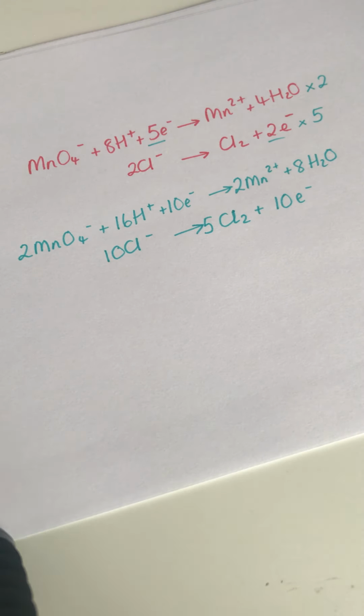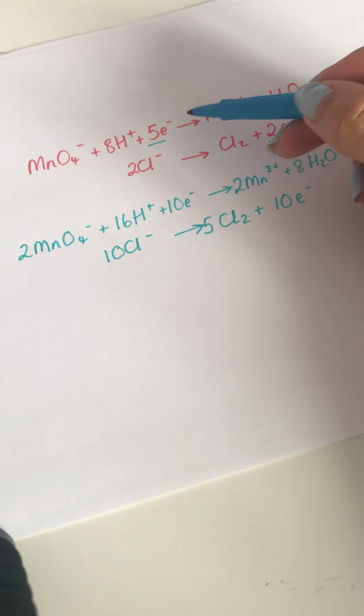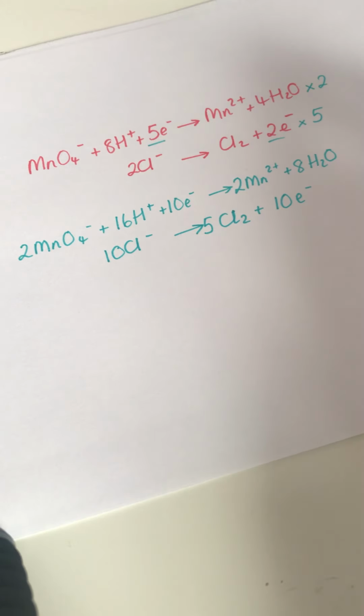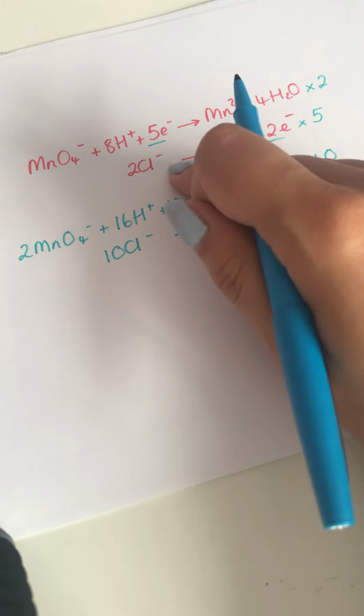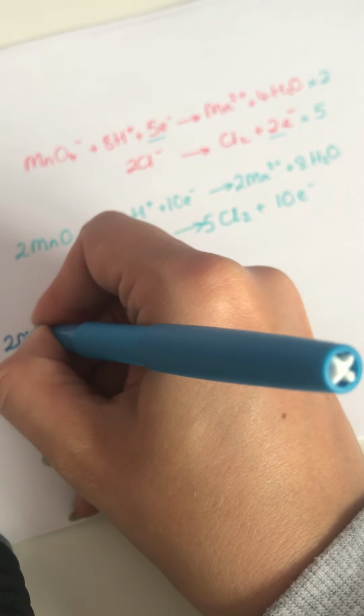I can combine all of that together. Now, there's a lot more going on here. Notice when I write these out, I try to keep the arrows beneath each other so that I can follow what is on either side. So all of this is my reactants. Now I'm going to try to write this a little smaller so I can fit it all in.